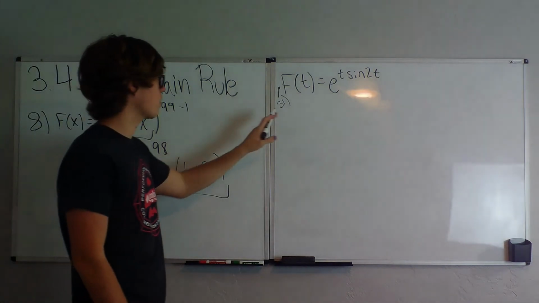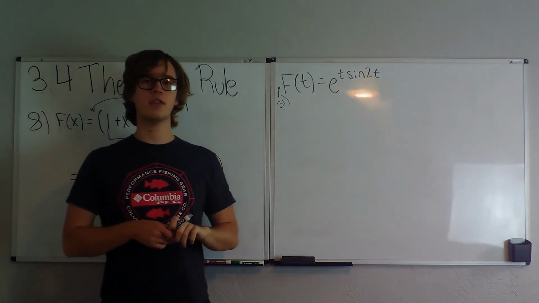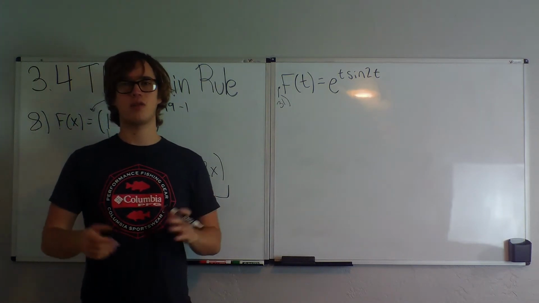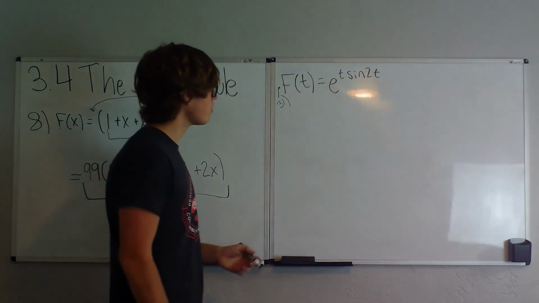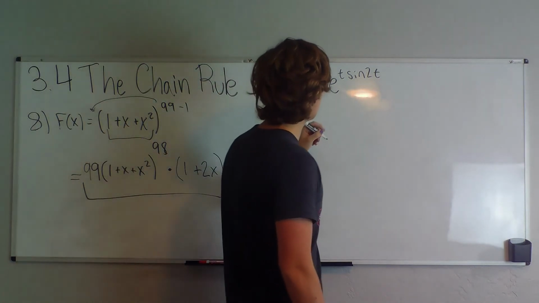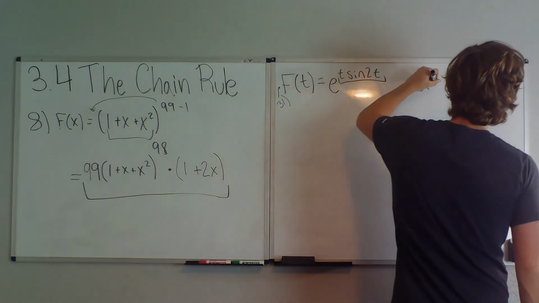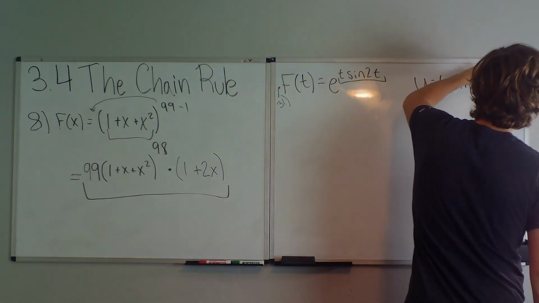Alright, this next one, number 31, is a really good one because we have to use the product rule. I don't know why I couldn't remember the name. But we have to use the chain rule and the product rule. So let's start. We know that if we take this to be our u, this u is equal to t sine 2t.